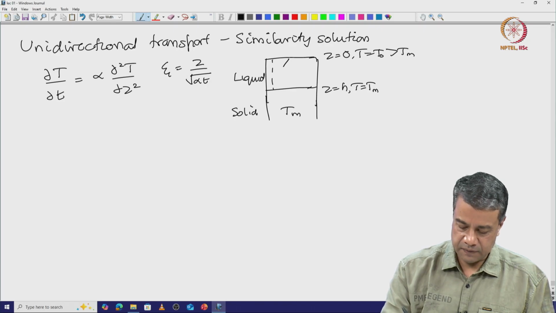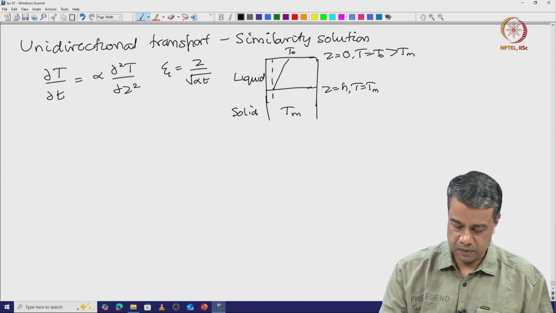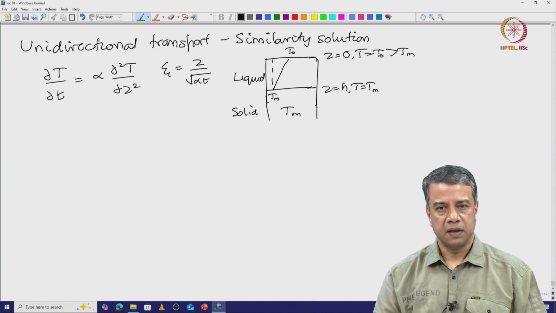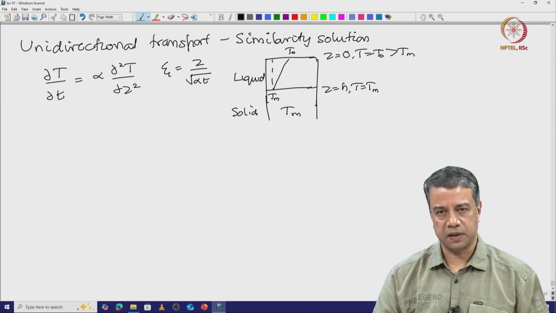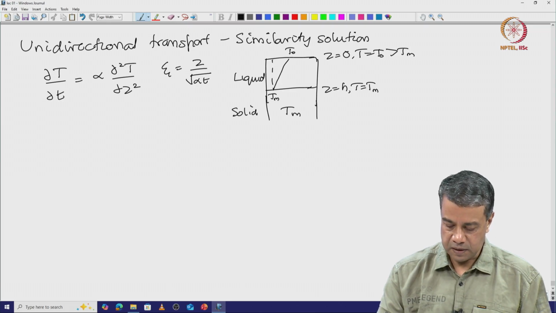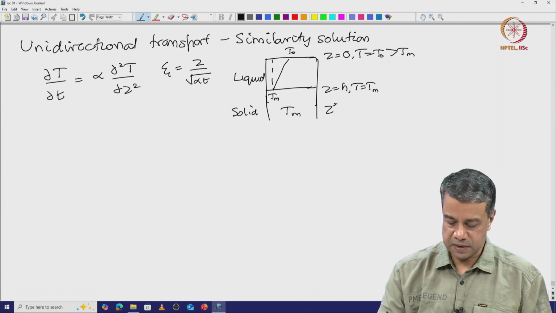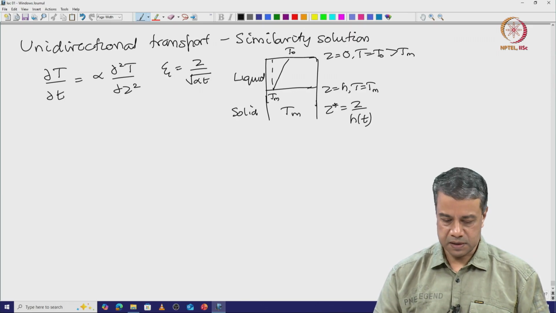Due to that, you have conduction of energy due to the temperature gradient from T naught over here to Tm over here. And there also we found that provided we specify the temperature T naught at the boundary, we can reduce the problem to one of a similarity variable z star equal to z by a time dependent length scale, and we could get a similarity solution.